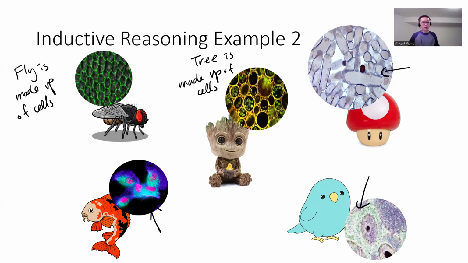Okay, those are observations. What would be the generalization? What would be the generalization? Give me a sentence that would sum up all these individual observations. Mushroom is made up of cells. Okay, so we have one.